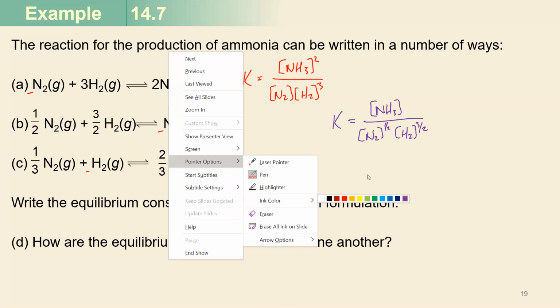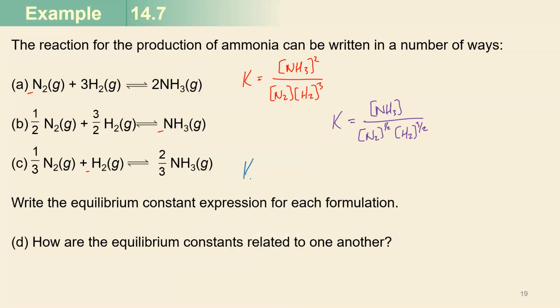And then for the last one, K is equal to the concentration of NH3 to the 2/3 divided by the concentration of N2 to the 1/3 times the concentration of H2 to the 1st.